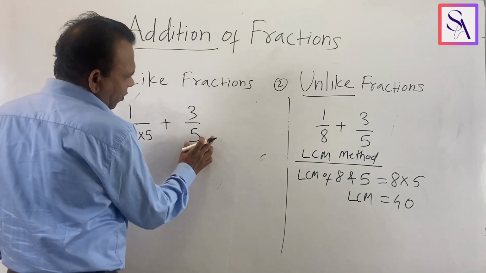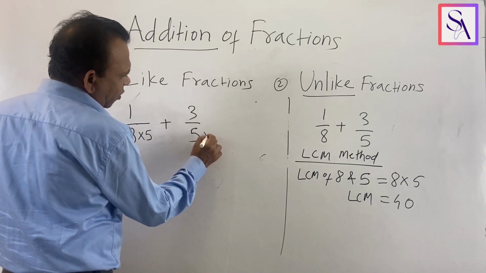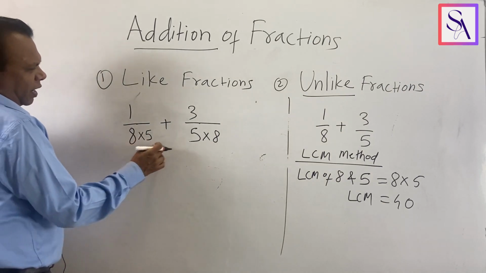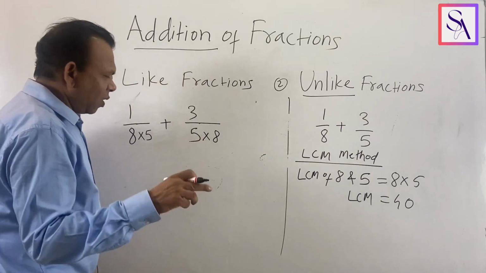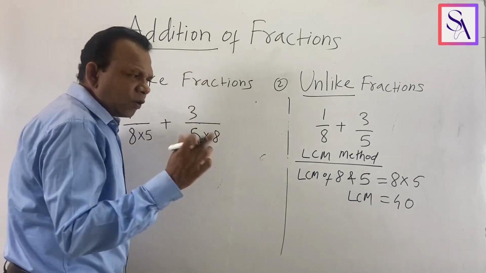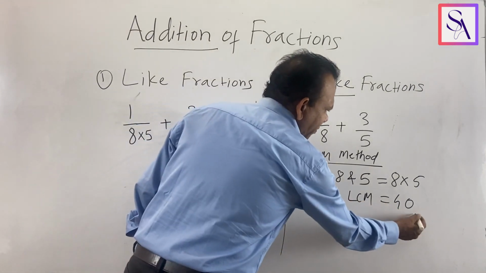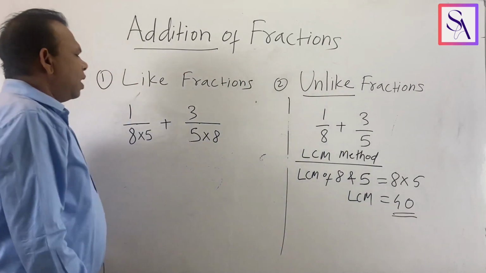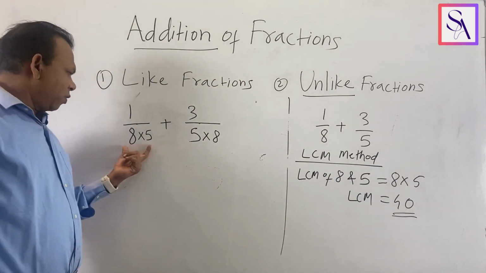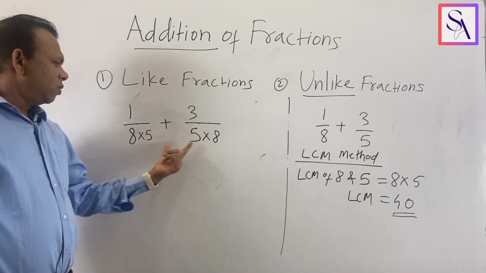Similarly, to make this denominator 40, I have to multiply by 8. So why am I multiplying by 5 here and 8 here? Because I want to make this denominator 40 and this denominator 40. Why 40? Because our LCM is 40. Why are we making these two 40? Because our LCM is 40 and we have to make these two denominators same.